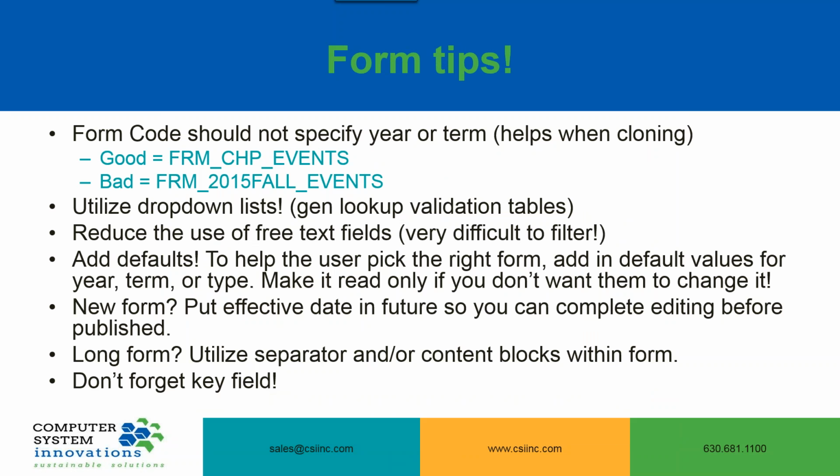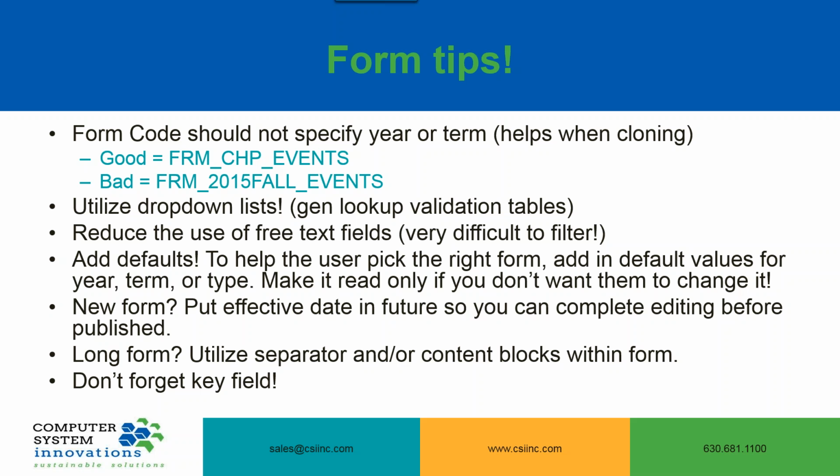And this is a good way to just sort all those together so that you're consistent naming all the different types of actions. Now, that form code should also not be year or term specific, because that's not the place that we should be identifying that. We can put that in our internal note. We can put that in our default values. The form code should be very general to what the form is collecting, not necessarily specific to the year and term.